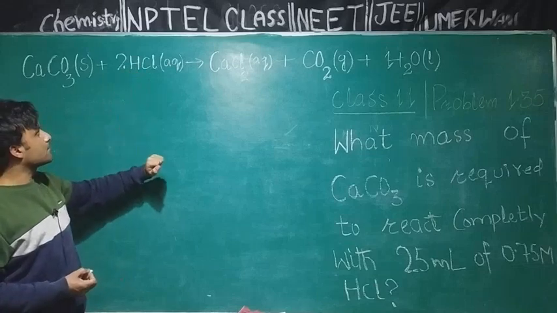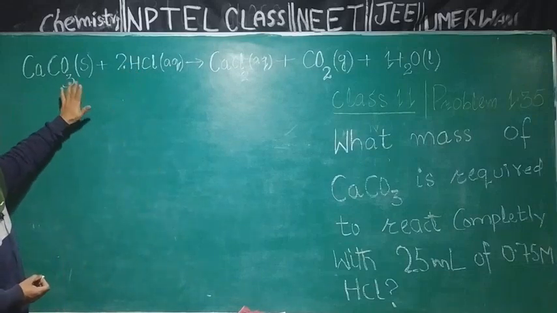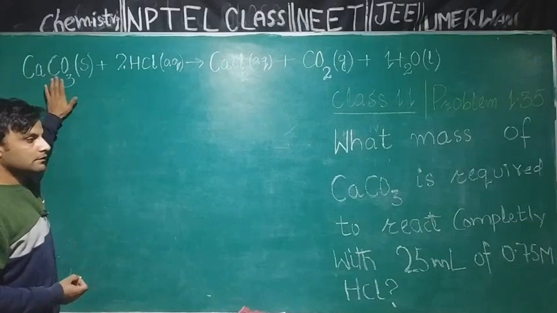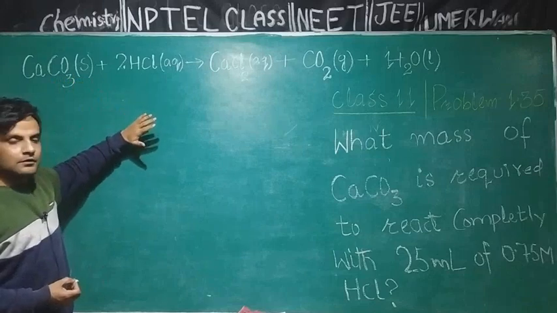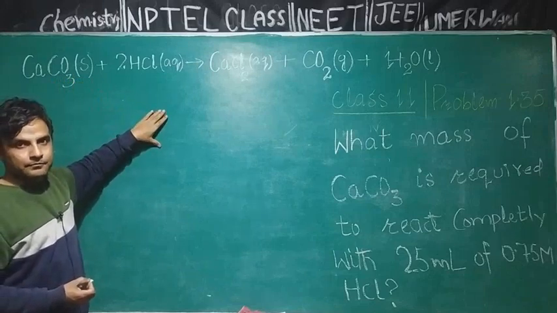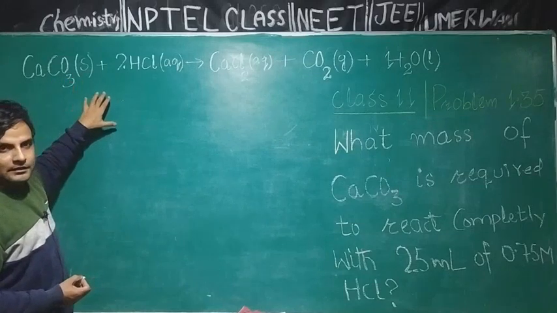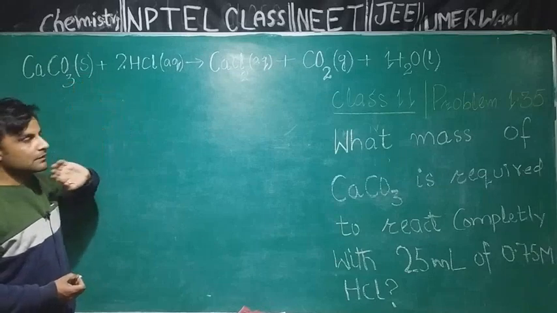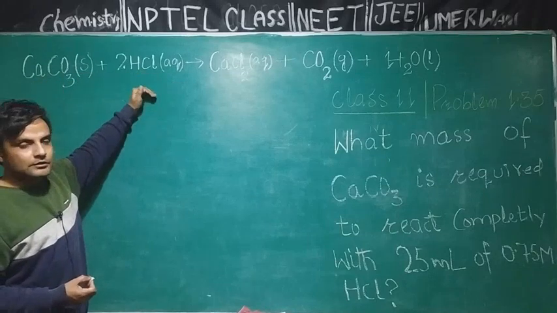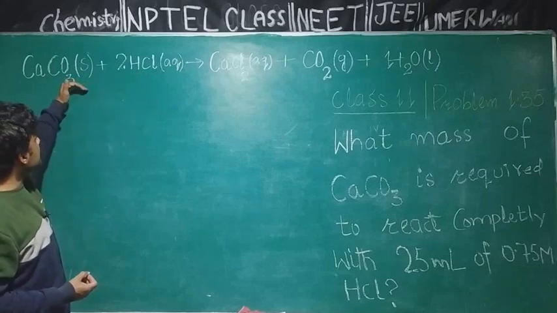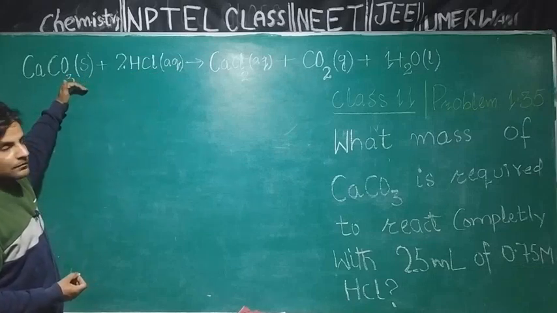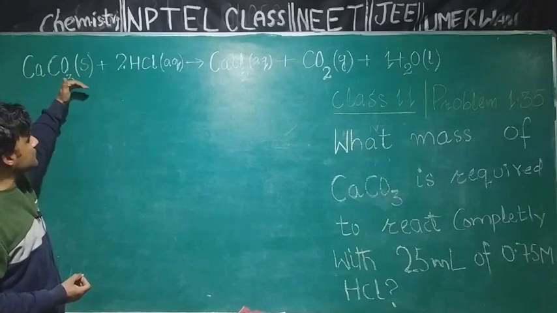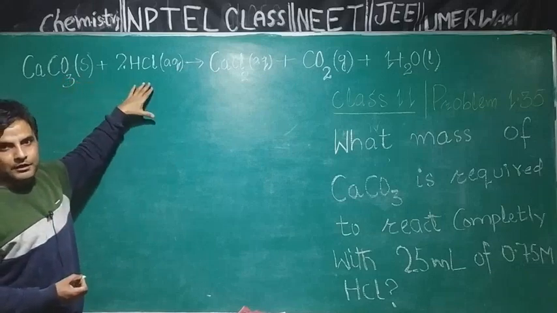The problem is based on concept number 1, reaction stoichiometry, and concept number 2, the concept of molarity. Any problem based on a chemical reaction ought to follow reaction stoichiometry, which is the quantitative information conveyed by a balanced chemical equation in terms of moles, mass, or volumes of reactants and products.